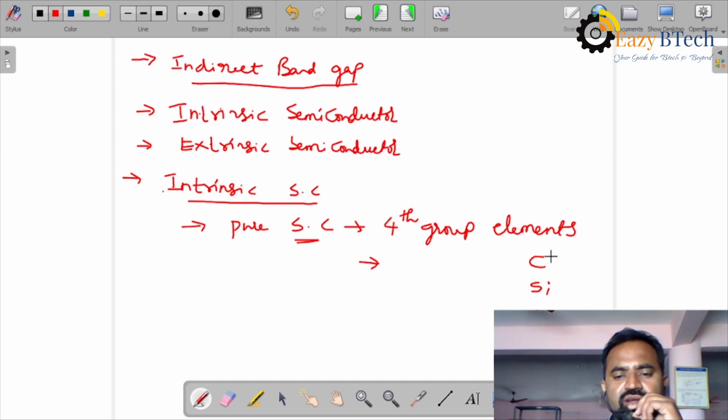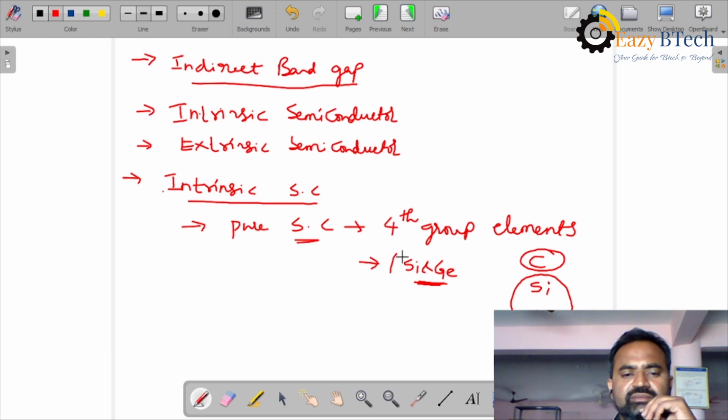Now here carbon has an insulator property. Silicon and germanium belong to the fourth group elements and can act as pure semiconductors. The pure semiconductors are silicon and germanium from the tetravalent, or the fourth group elements.